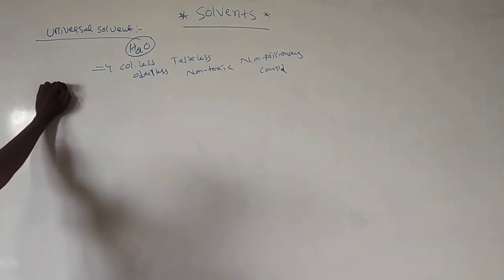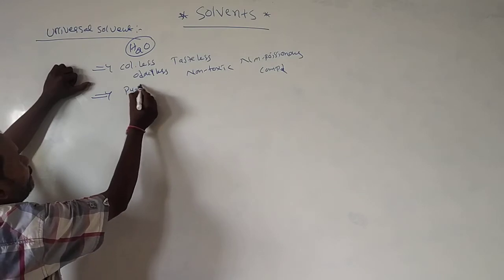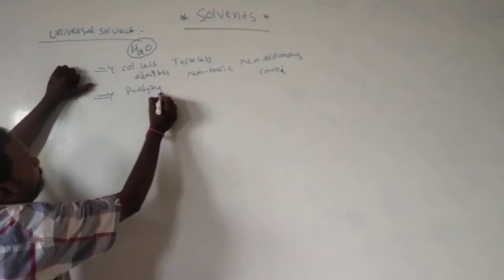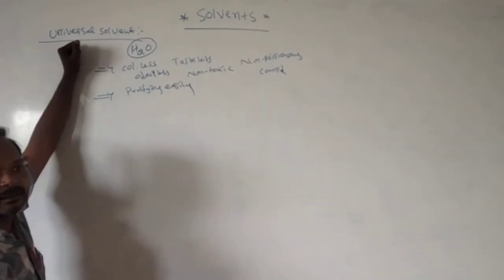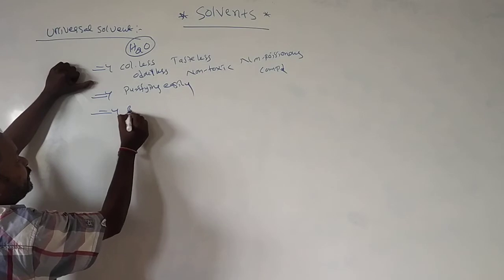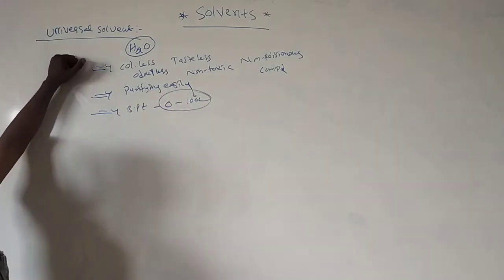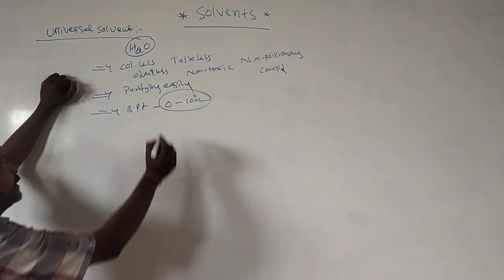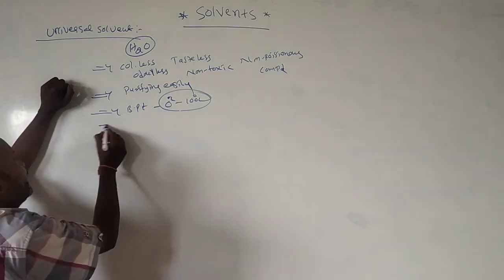We can purify it easily. The melting and boiling point range is also very small: melting point 0 degrees centigrade, boiling point 100 degrees centigrade. These are laboratory condition ranges. And it is transparent.